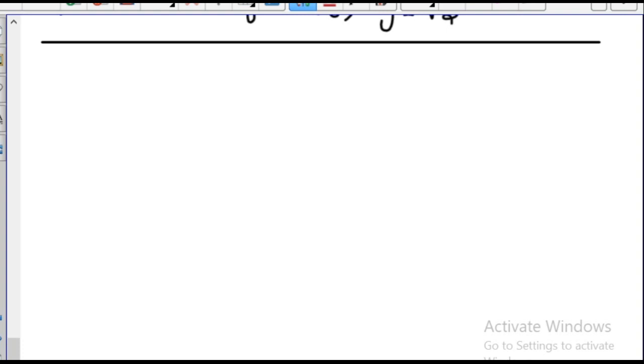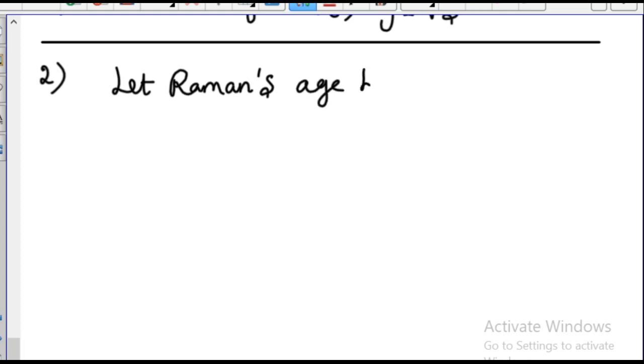So the second question is, let Raman's age be x years.